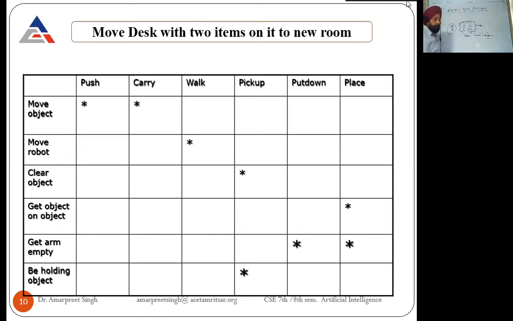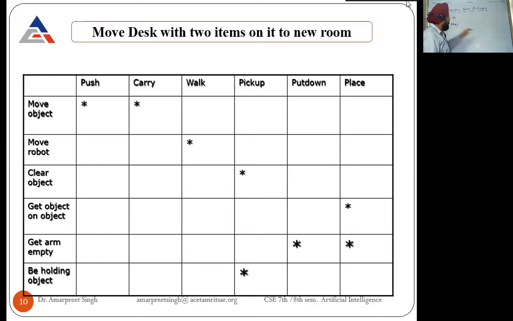So now what happens? You can do two things. Two operators can be applied. One is push and the other is carry. If the item or the desk is very heavy, then you have to apply push. If it is not heavy, lightweight, then you can carry.